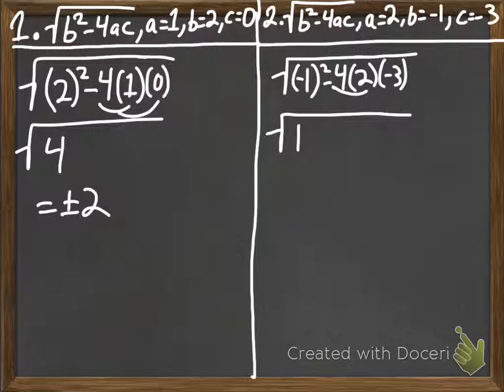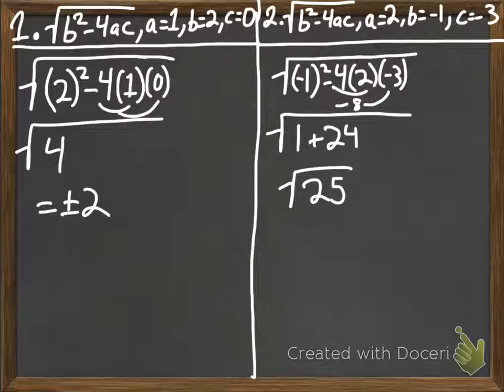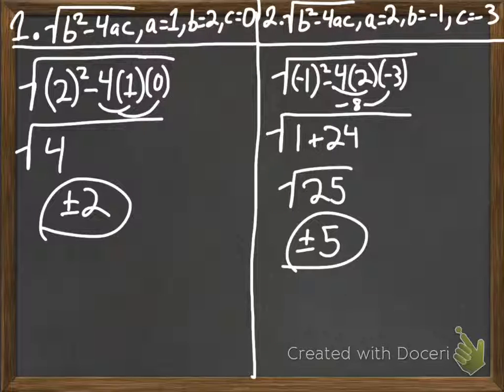Negative 4 times 2 is negative 8. Negative 8 times negative 3 is a positive 24. 1 plus 24 is 25. So this one is nice too because it's a perfect square. So this is plus or minus 5. And over here I put an equal sign, and I shouldn't have put an equal sign because it's not an equation, it's an expression.